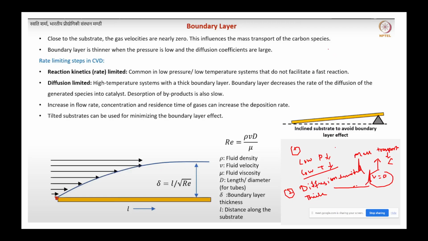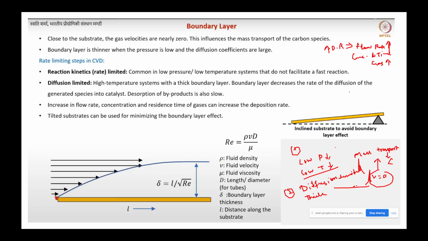If you want a higher deposition rate, then you have to increase the flow rate, the concentration and the residence time of your gas. A tilted substrate can be used for minimizing the boundary layer effect.